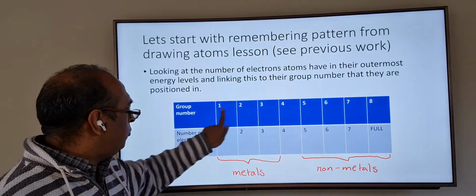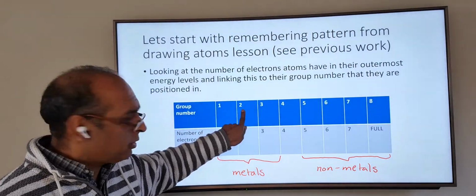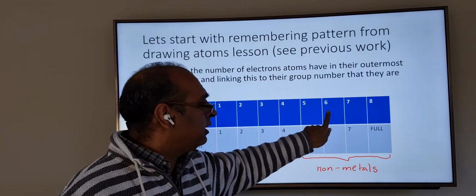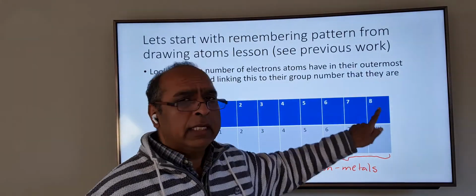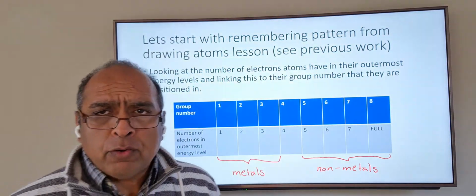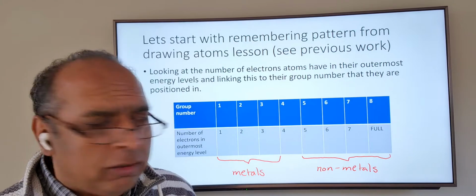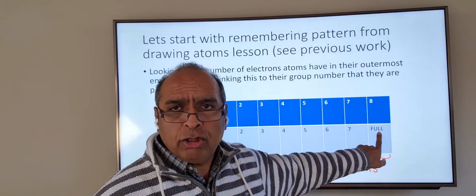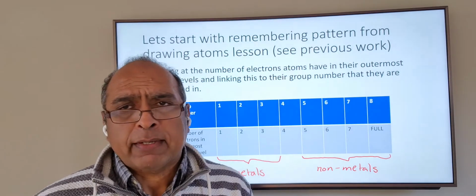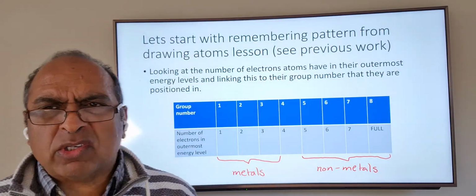Similarly, group 2 elements have 2 electrons. Group 3 have 3, 4 have 4, 5 have 5, 6 have 6, 7 have 7, and group 8 or group 0, noble gases, inert gases, those elements had a full, and that's the important word there, full outermost energy levels. Now, you might think, what's that got to do with bonding?